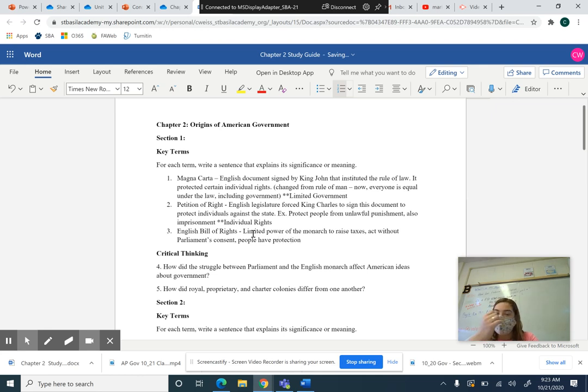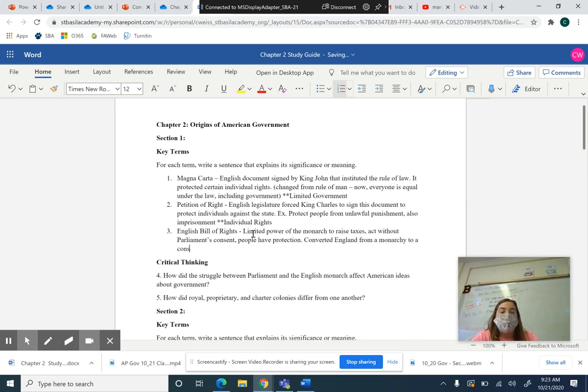Awesome. Go ahead. Made them convert from a monarchy to a constitutional monarchy. Excellent. So what Corinne said is really important. It converted England from a monarchy to a constitutional monarchy. Excellent.